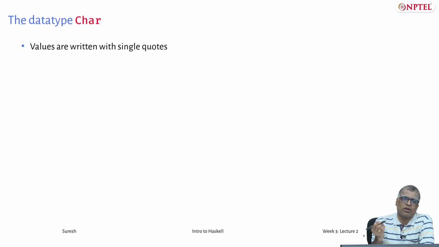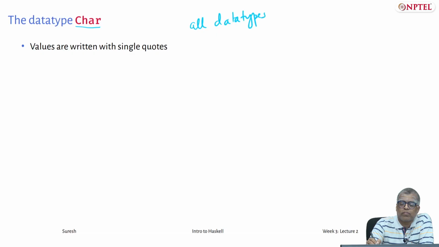Okay, let's look at the data type character. It's written CHAR with capital C. All data types in Haskell, or at least all the built-in ones, start with a capital letter.